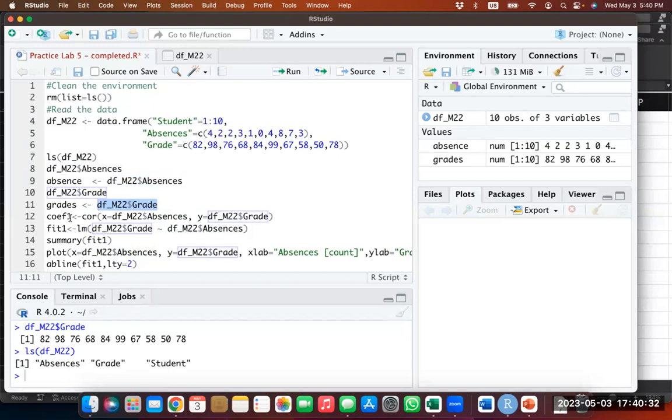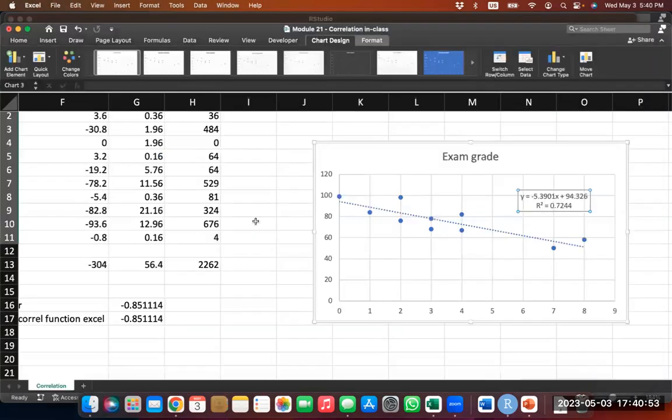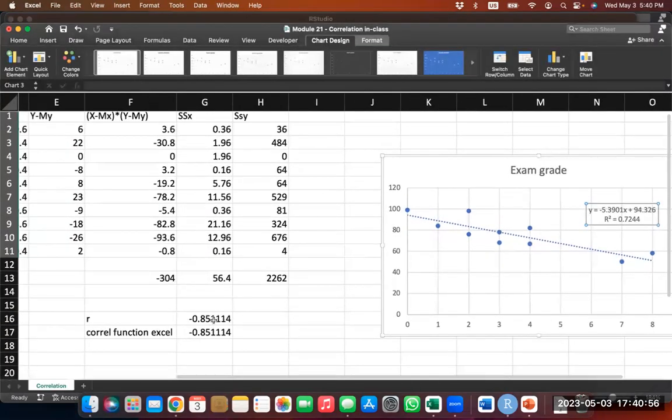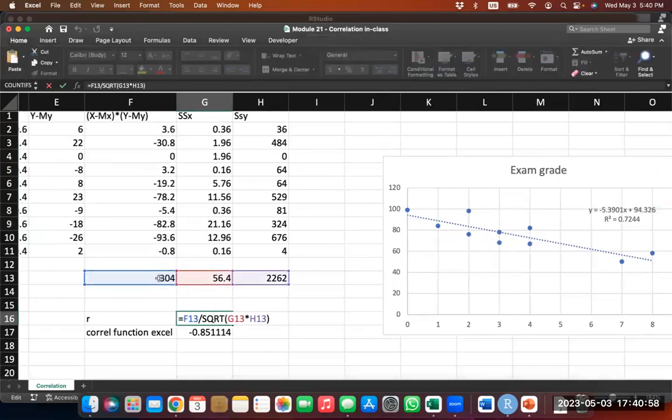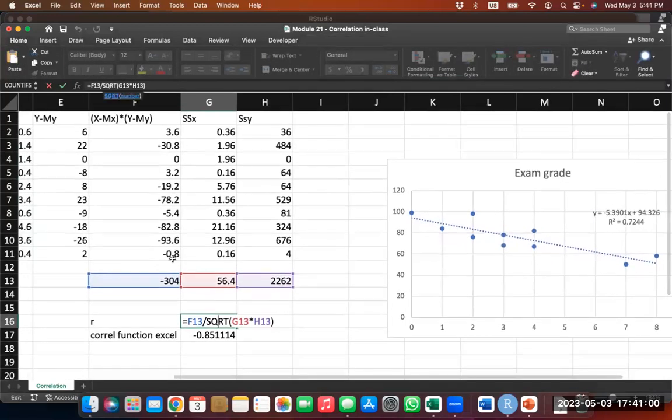Okay, then we have CoF1. So now it's getting interesting. Now we're coming to an actual correlation. The whole exercise that we did in Excel, calculating the deviations, calculating the product of the deviations, and then dividing by the sum of squares, which is consistent with F13, our sum of products divided by the sum of squares under the square root.